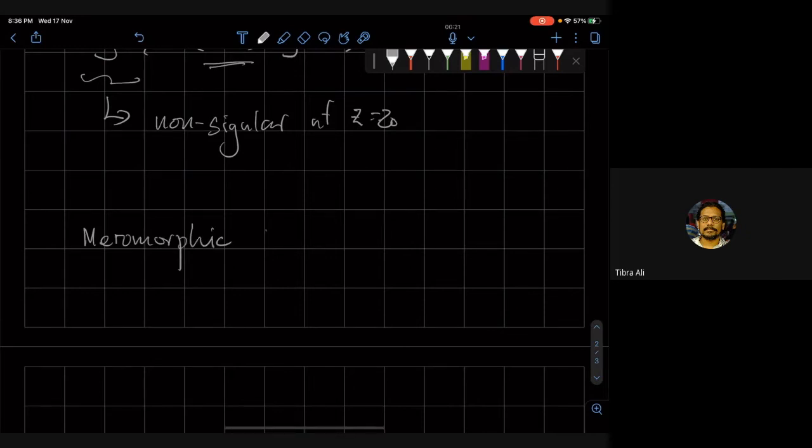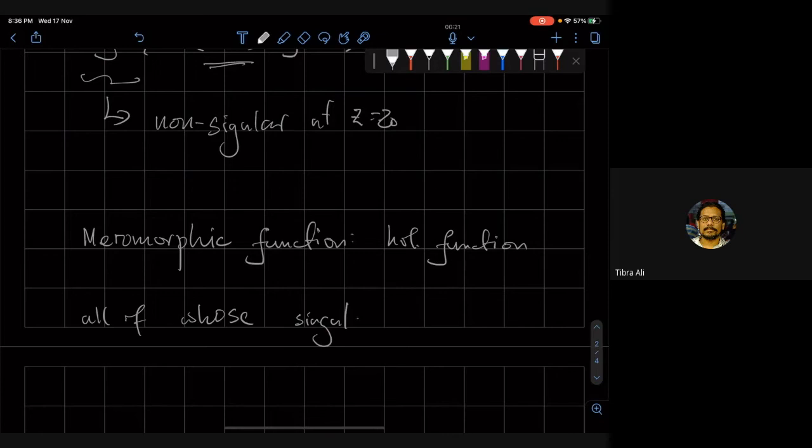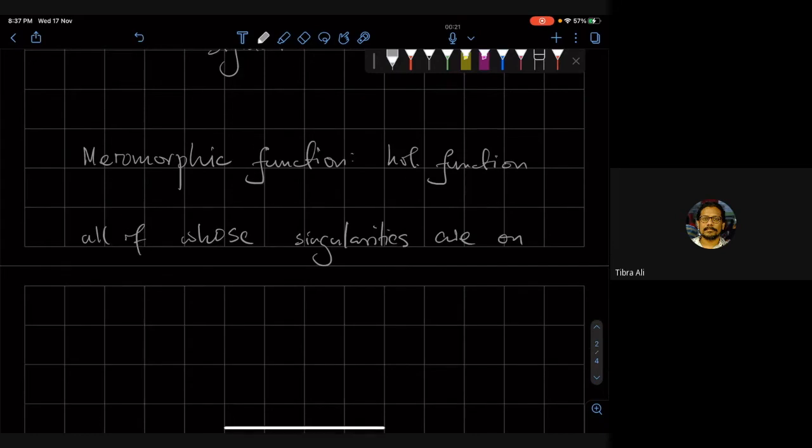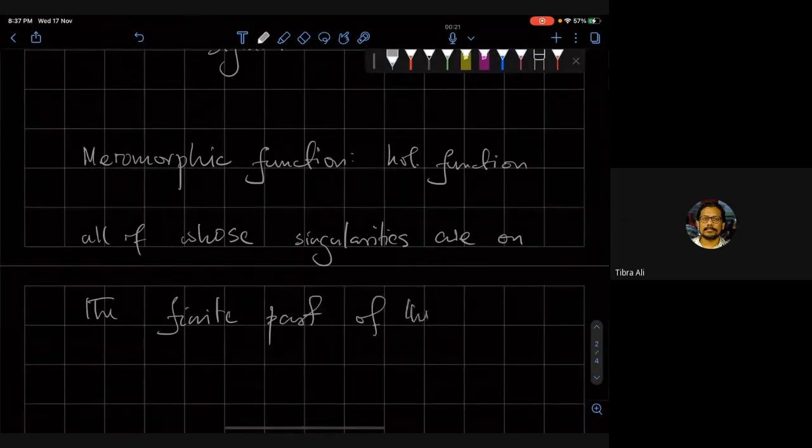Meromorphic function. A meromorphic function is a holomorphic function all of whose singularities are on the finite part of the complex plane.